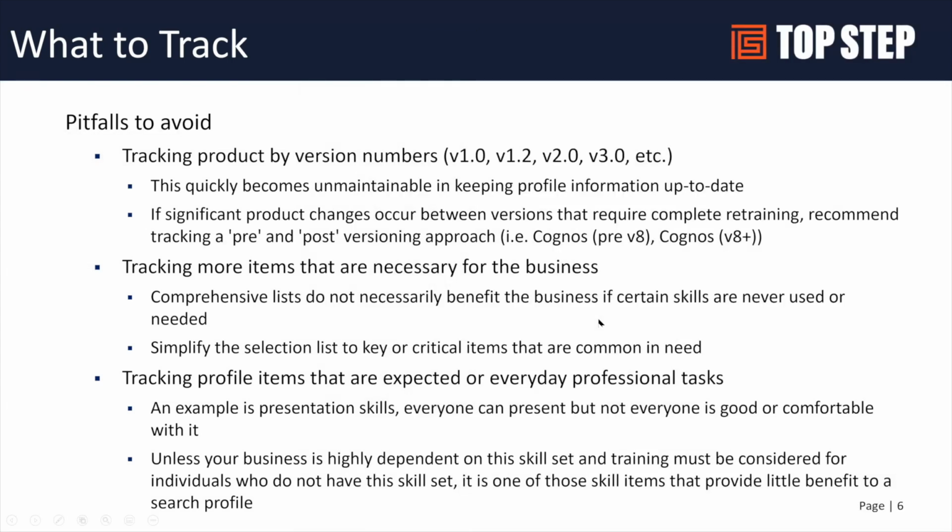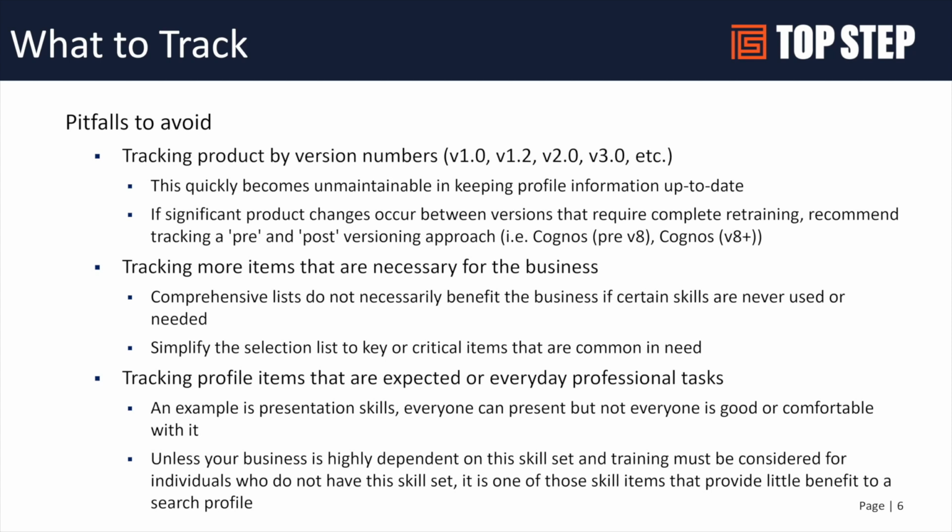Some things to avoid that we've seen customers think was a good plan, but unfortunately it didn't work out. If you are trying to track product versions, it would be the equivalent of saying, okay, I'm good at OpenAir 1.0 UI, but I'm not good at OpenAir 4.0 UI.